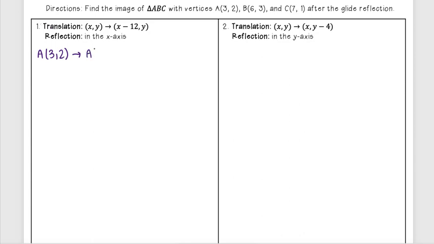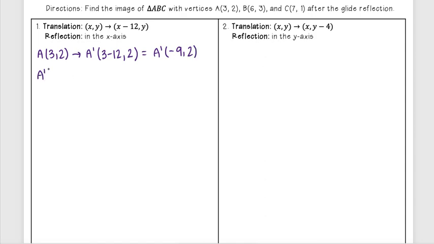And so since I am changing where it is, I'm going to call this next one A prime. And this rule is telling me I'm going to subtract 12 from my x-coordinate. And so I'm going to have 3 minus 12, and then my y is going to stay the same. And so 3 minus 12, I get negative 9, 2.